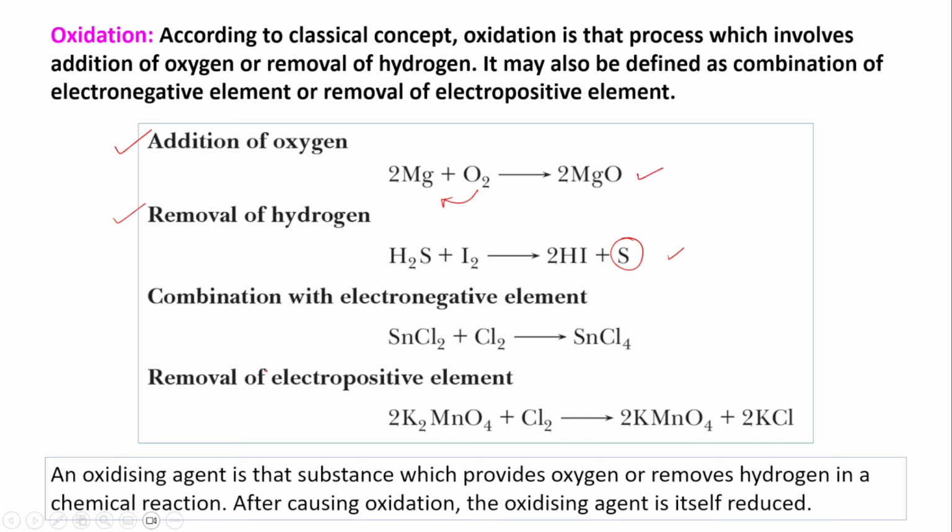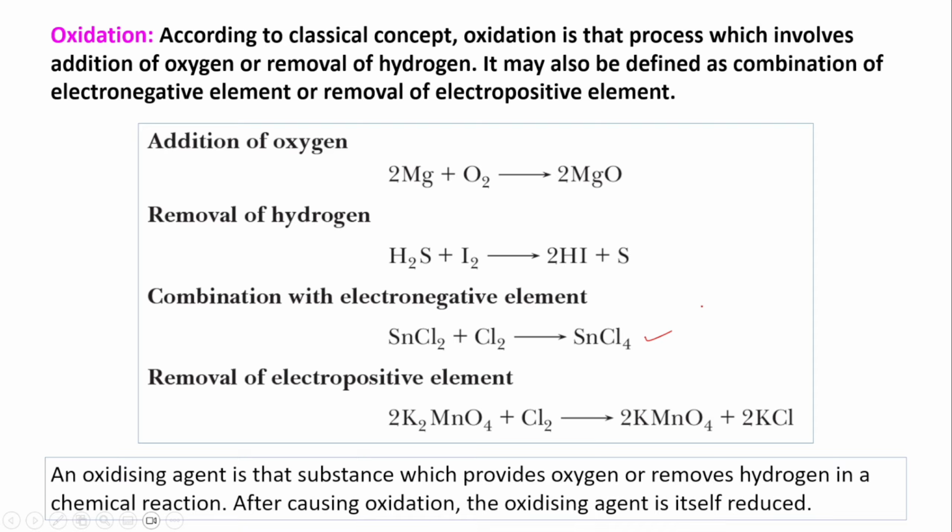Then if any element combines with any electronegative atom, it is also called oxidation. Like in this case, stannous dichloride is combining with two more Cl and becoming stannous tetrachloride.